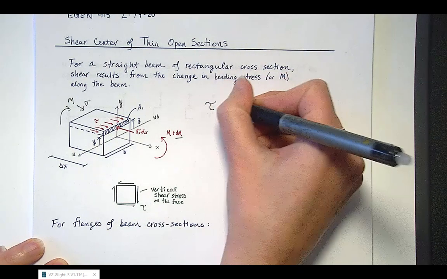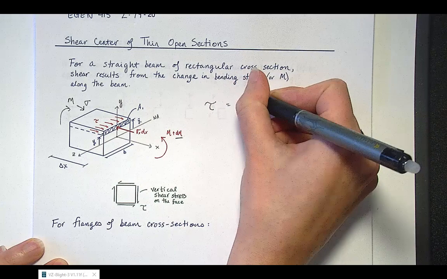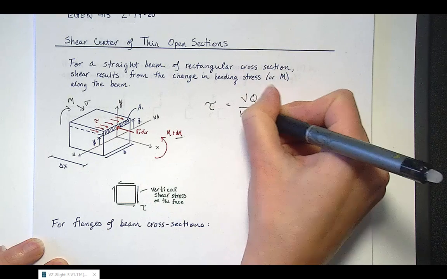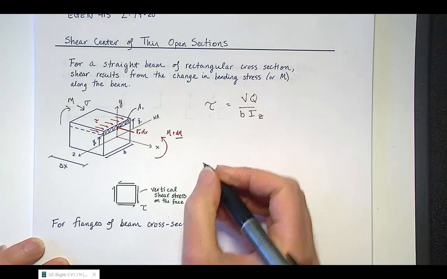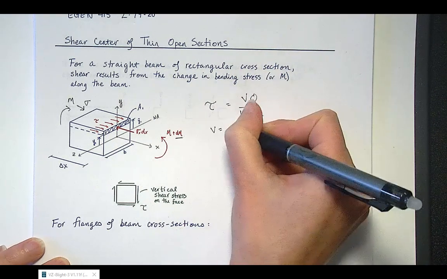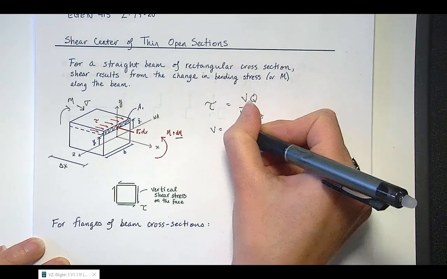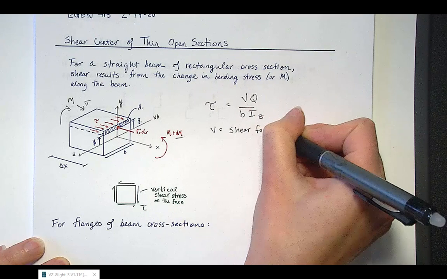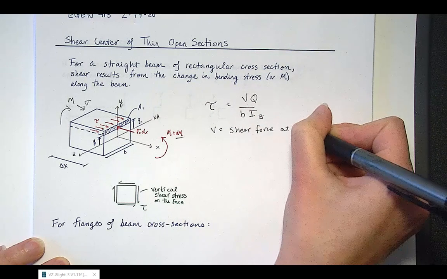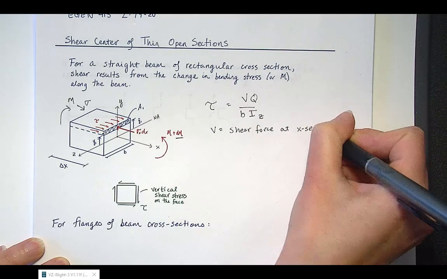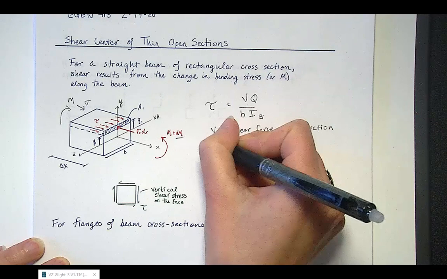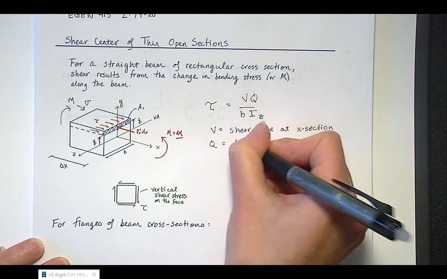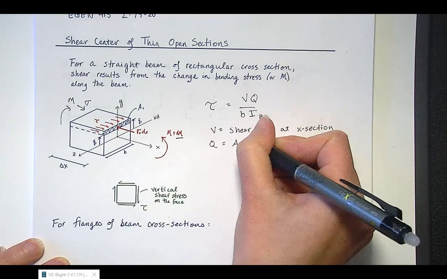And we calculate our shear stress as equal to VQ over B Iz, where V is the shear force at the cross-section, Q is the first moment of area, and that's equal to A1 Y1 bar.